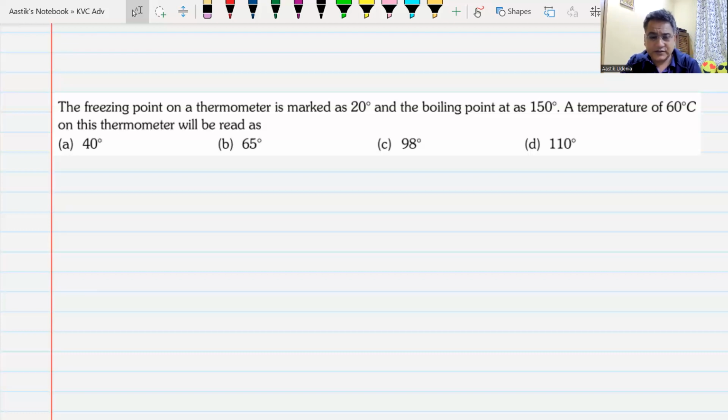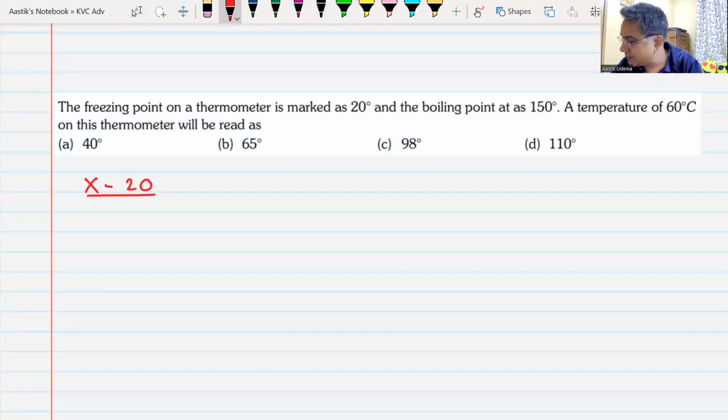You will get 2 minutes to solve this one. We have the formula: (X minus freezing point 20) divided by (boiling point 150 minus 20) must be equal to the temperature on the Celsius scale, (60 minus 0) divided by (100 minus 0).